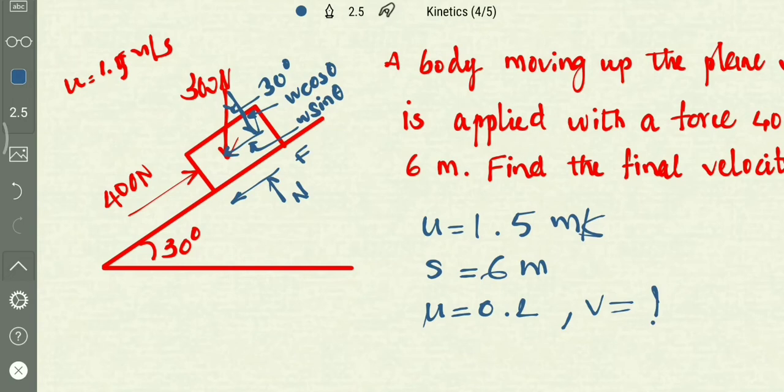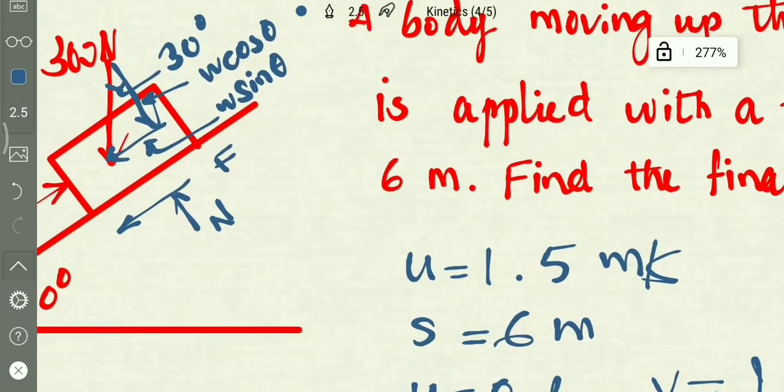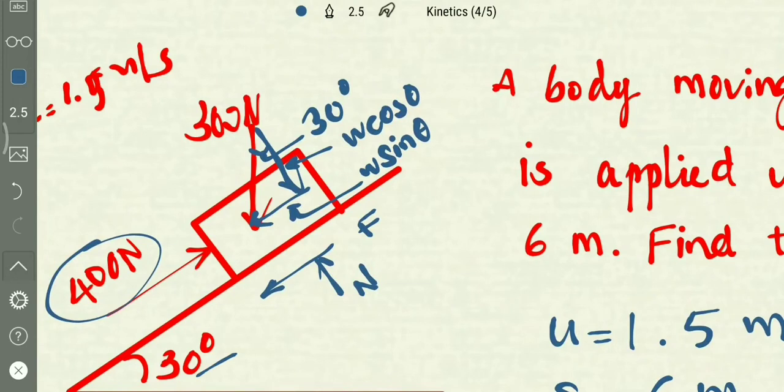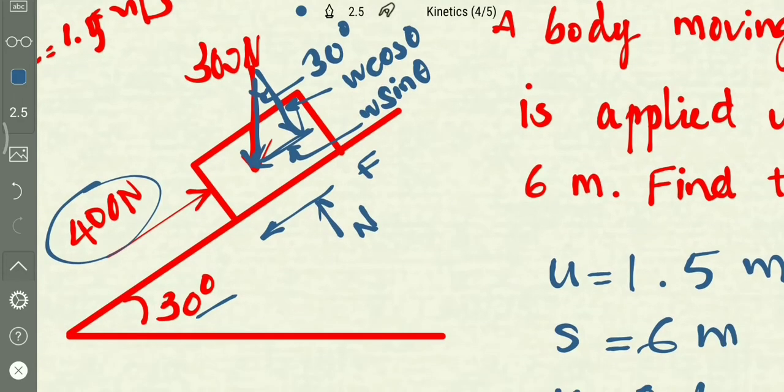The force applied is 400 newtons and the weight of the body is 300 newtons. The angle of inclination is 30 degrees. So the weight is acting downwards here, and if we resolve this weight into components along the plane and perpendicular to the plane, this is theta, which is 30 degrees.